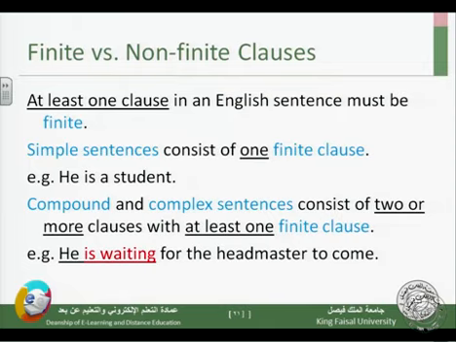So for example, he is waiting for the headmaster to come. He is waiting is a finite clause, for the headmaster to come is a non-finite clause, and this is a complete sentence because we have a finite clause with a finite verb in it, is. Okay, is a finite verb, and this is why we call this a finite clause.